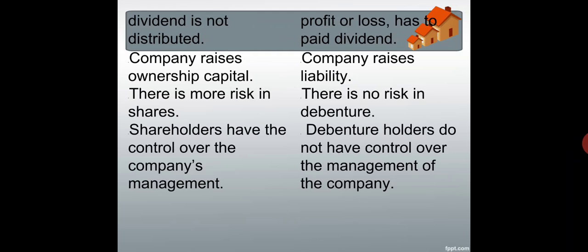Debenture holders do not have control over the management of the company because they are the creditors of the company. They are third persons, outsiders.